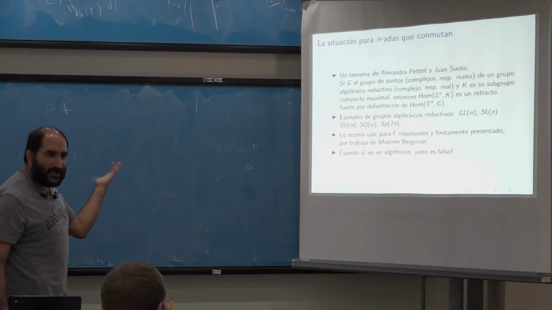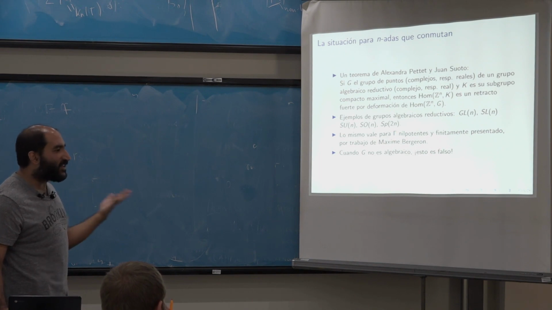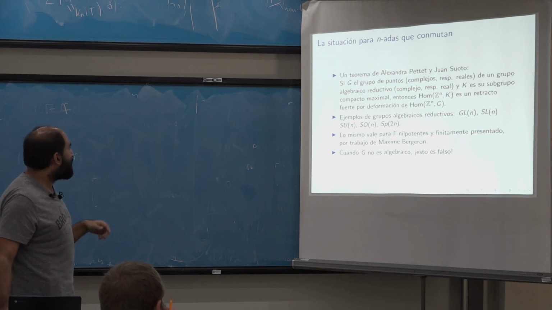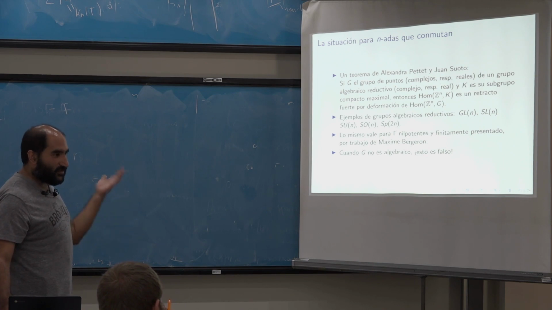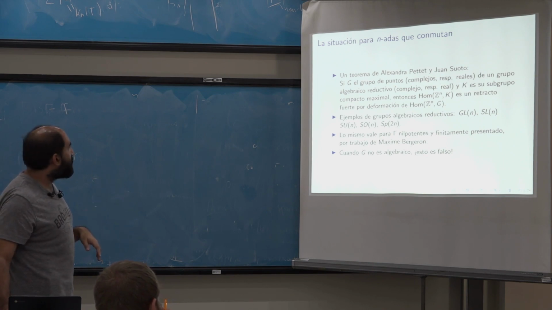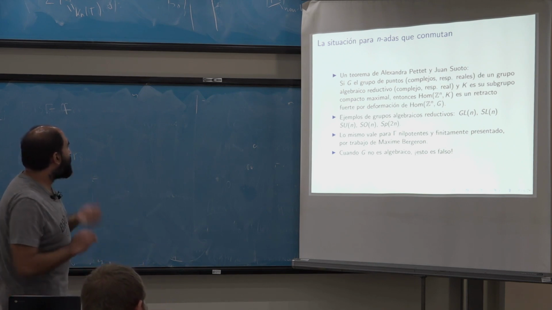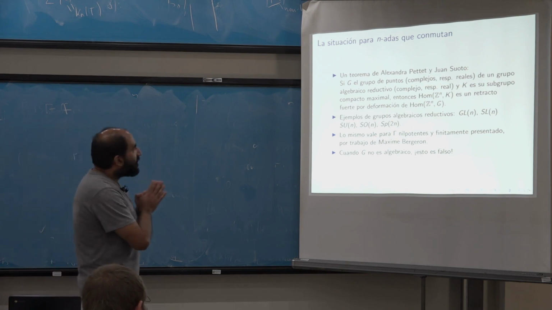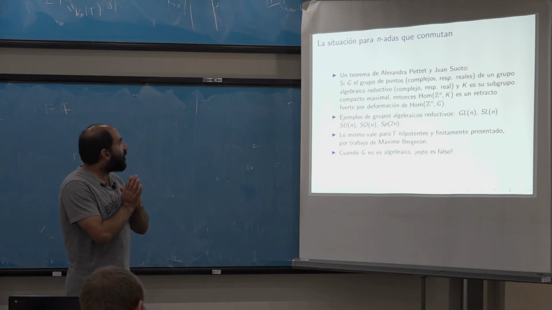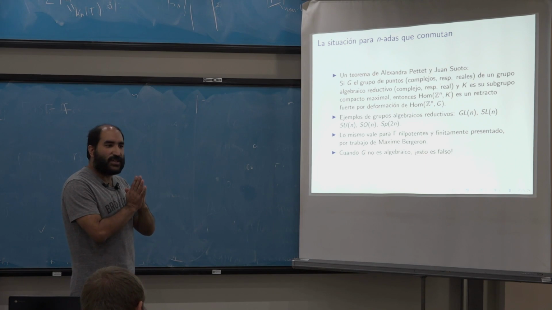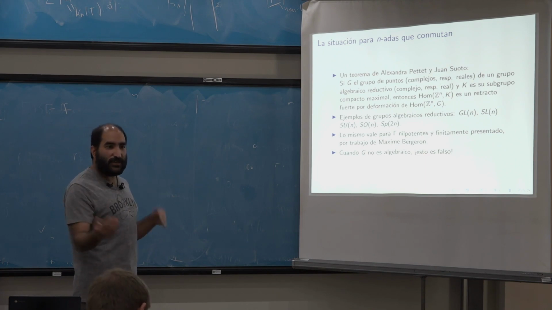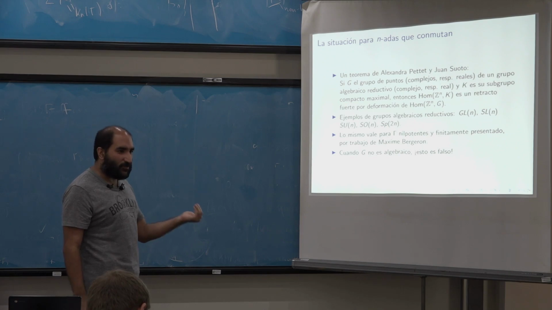But there, gamma was the fundamental group of a surface. What if gamma is an easier to understand group than that? Well, let's look at the situation for Z^n, which gives us commuting n-tuples. There's a theorem of Alexandre Pettet and Juan Souto that says that there are good cases in which you do get a homotopy equivalence between commuting n-tuples in G and commuting n-tuples in the maximal compact subgroup.